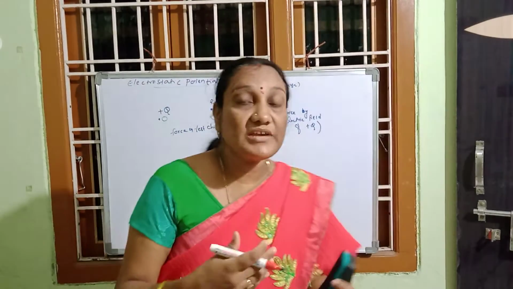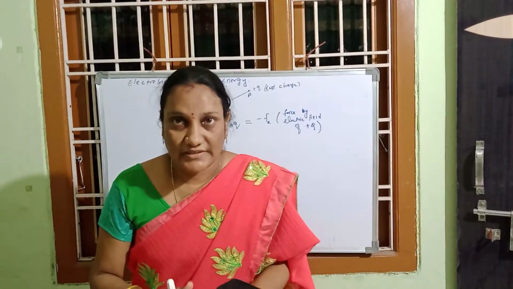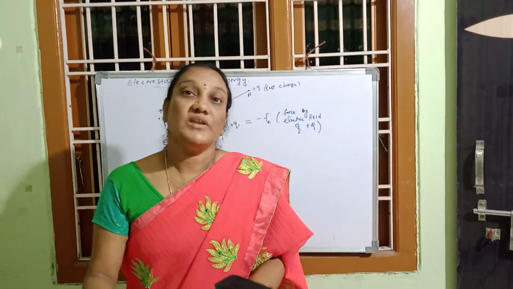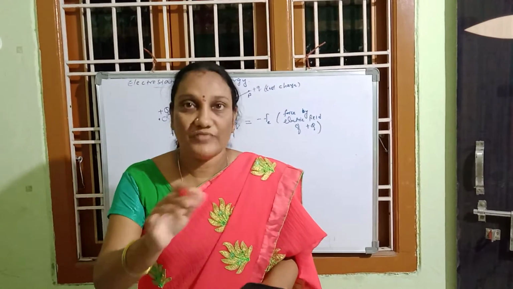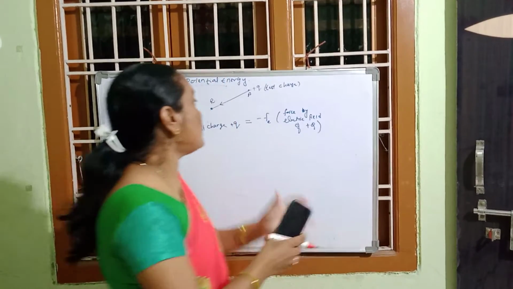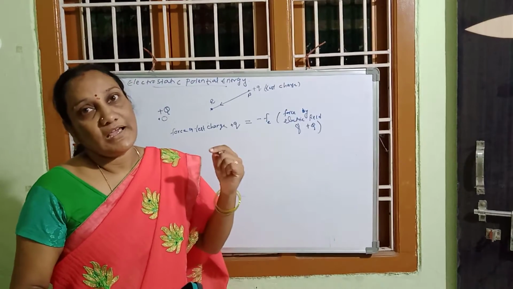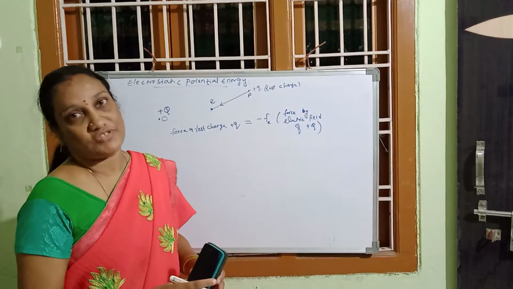Against this electric field force only we are bringing the test charge. So the force applied on the test charge to do some work will be equal to the negative value of the work done by the electric force.